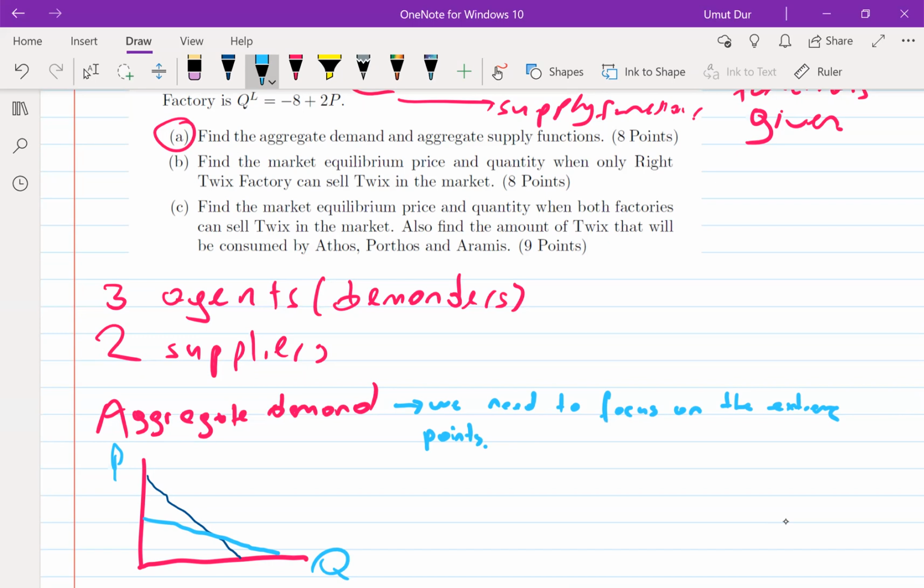So what are those extreme points? Those points are the points where the demand curves intersect with the vertical and horizontal axis.